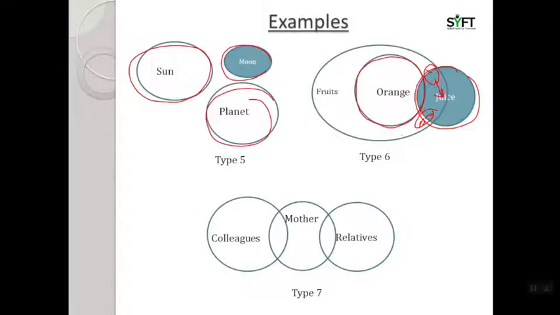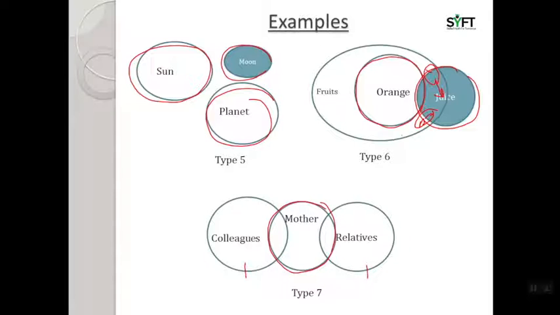And there is another type of relationship, the seventh type, where there are three entities interconnected with each other, whereas only one interacts with both entities, and the two entities don't interact with each other. Just to give an example: mother, colleagues, and relatives.